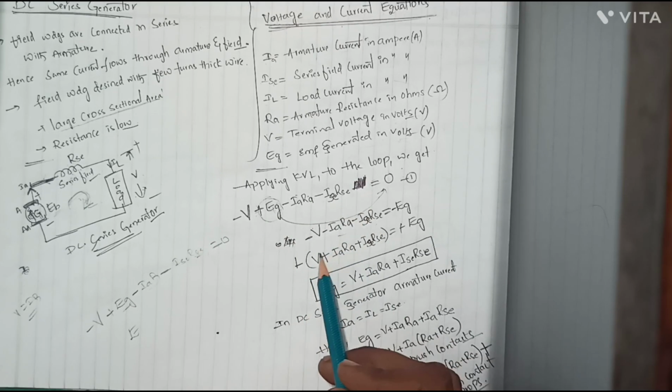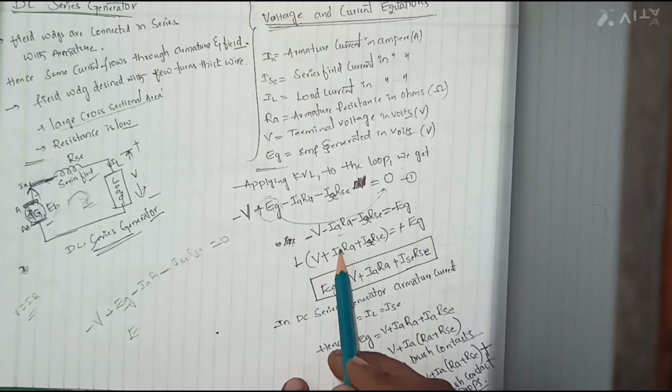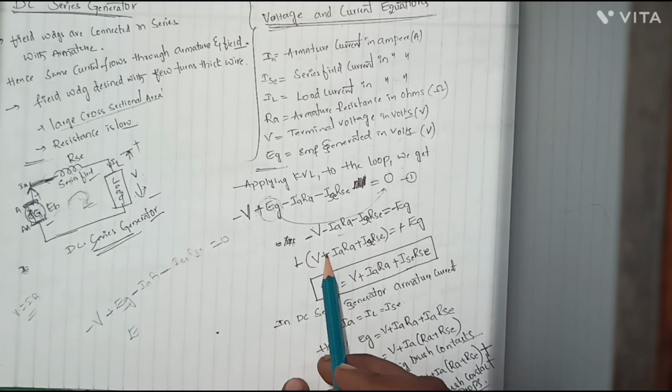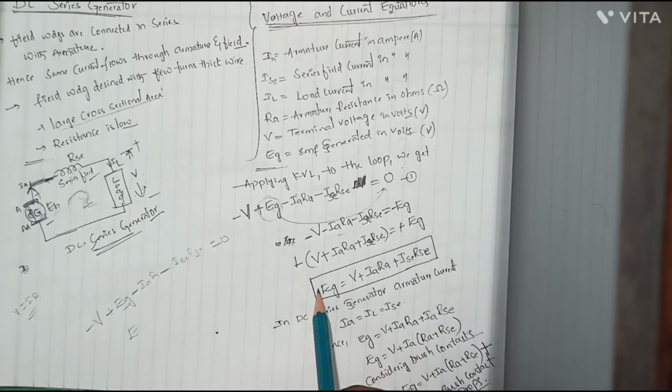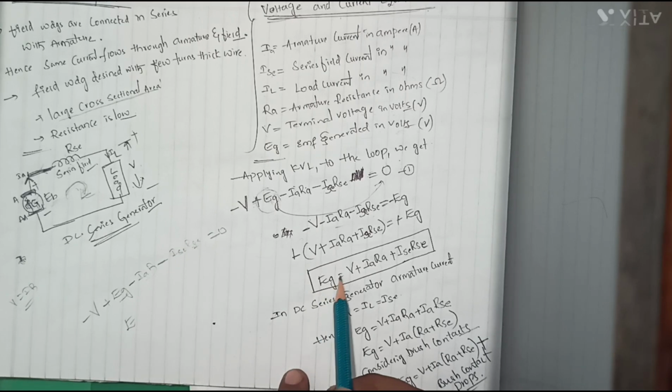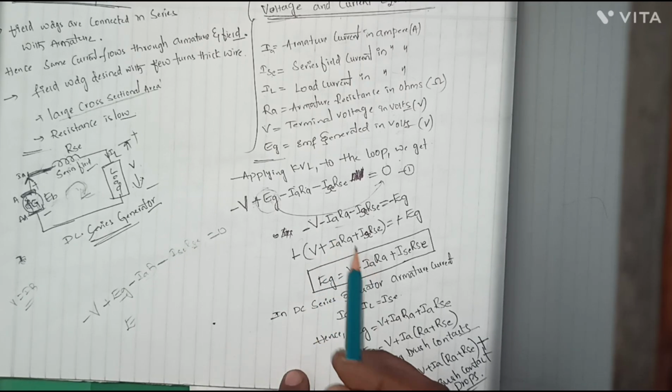Taking the minus common and cancelling, we get Eg equals V plus Ia Ra plus Isc Rsc. We need the EMF generated in volts.